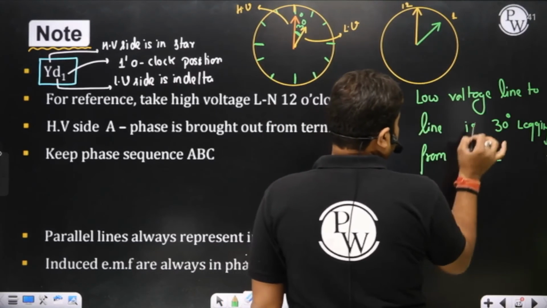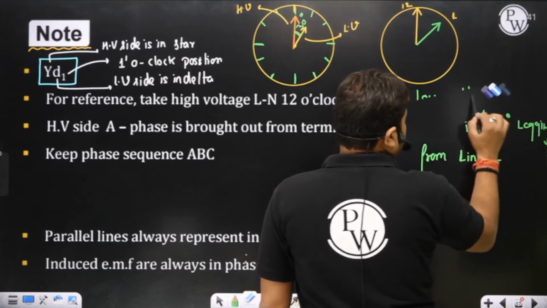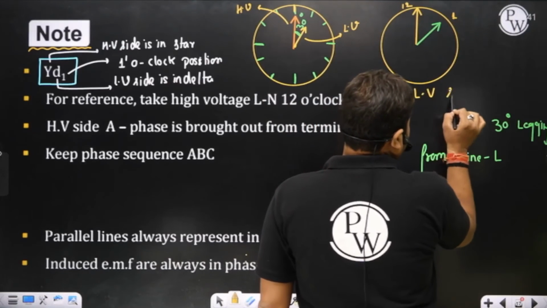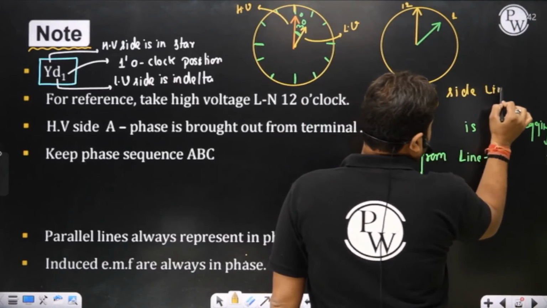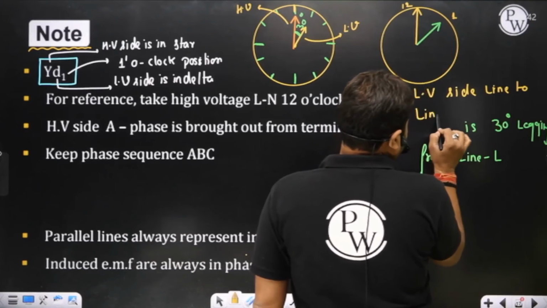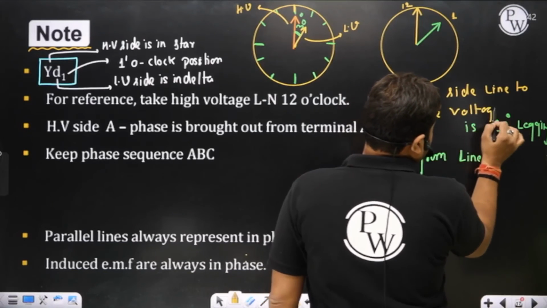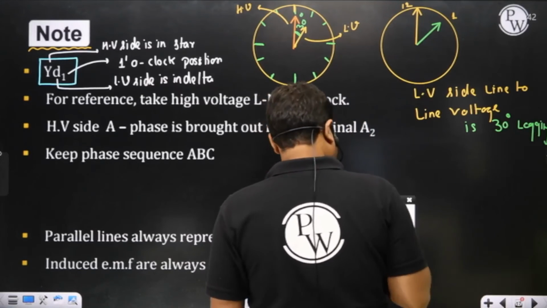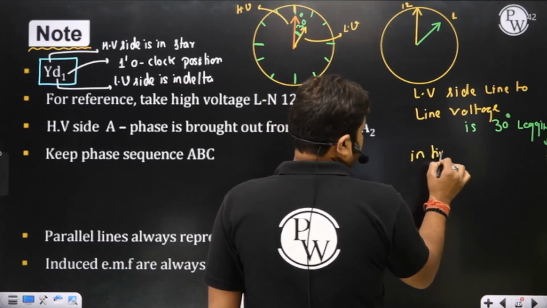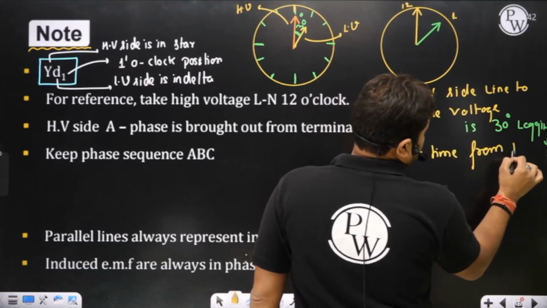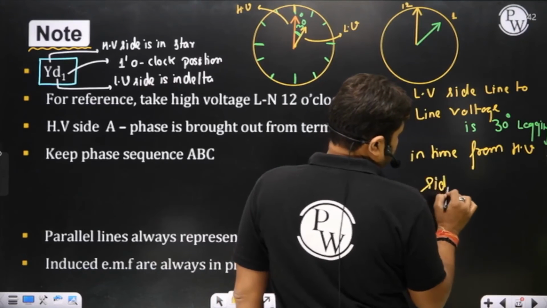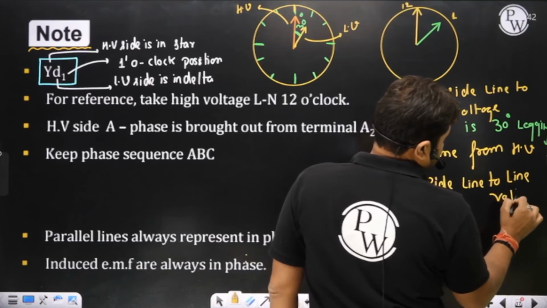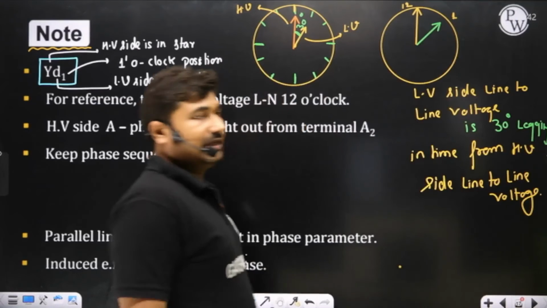I'm sorry for this change. LV side line to line voltage is 30 degree lagging in time from HV side line to line voltage. Is it okay?